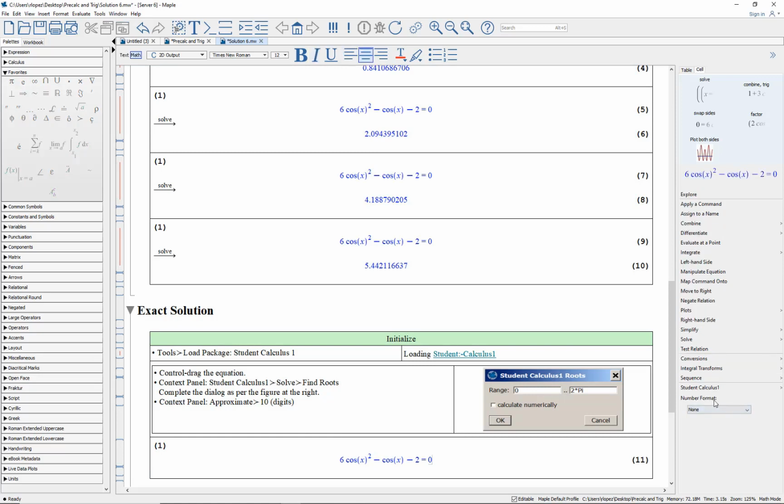If we go over here to Student Calculus 1 in the context panel, we'll find the option Find Roots. And a dialog comes up allowing us to find roots in a given range. So that's 0 to 2 pi.